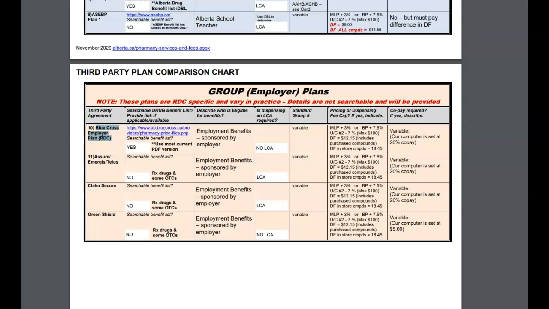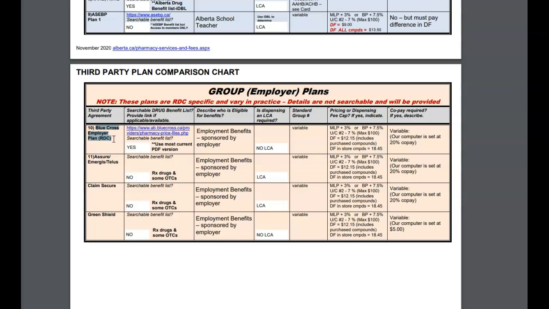There would be no way for us to specify to you as students the actual parameters that exist for employer plans. Each and every company that provides benefits to their employees will have a specific plan tailored to them. So what we've done is we've determined what those are, and we've tailored these employer plans for ourselves within our own pharmacy space at RDC.